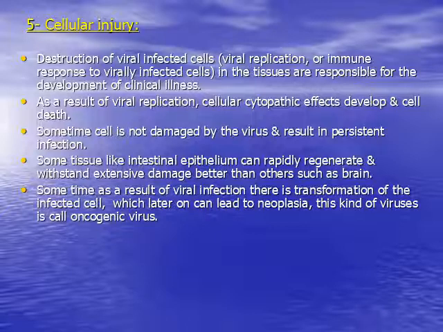Sometimes, as a result of viral infection, there is a transformation of the infected cell, which later on can lead to neoplasia. This kind of virus is called an oncogenic virus.